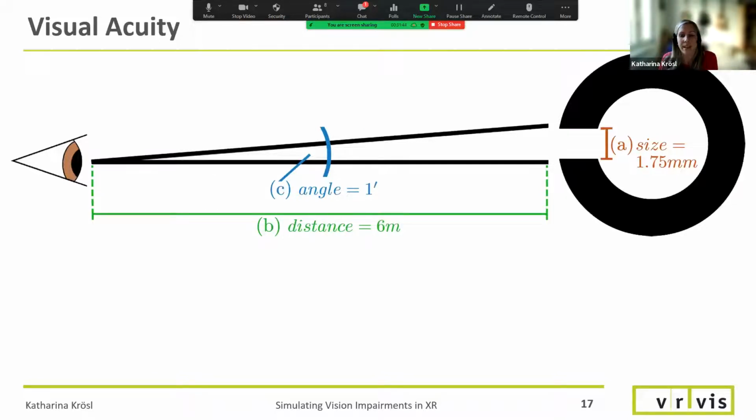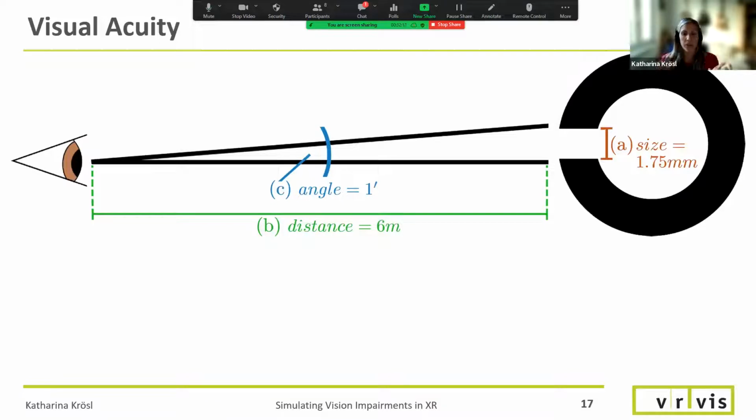A common test distance for a visual acuity test is 6 meters or 20 feet. And a person with normal sight should be able to recognize a small detail like the gap in the Landolt ring of approximately 1.75 millimeters in size at 6 meters distance. This corresponds to a viewing angle of 1 arc minute.